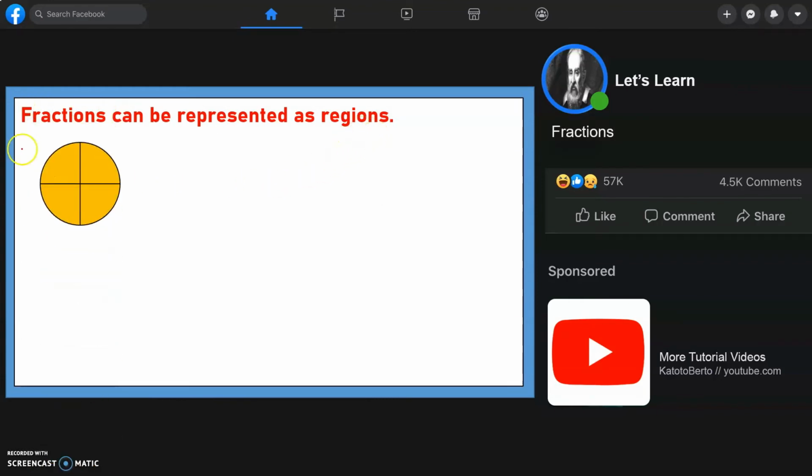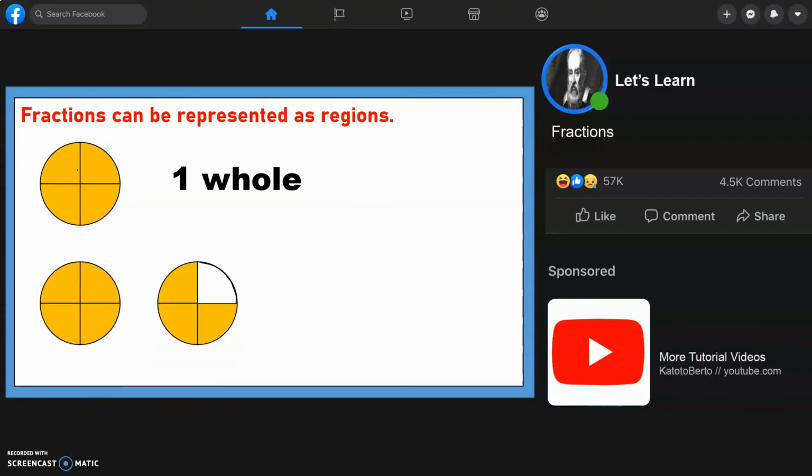So as you can see, we have 4 parts here. And all 4 parts are shaded. So automatically, this is 4/4 or already 1 whole because all parts are shaded. How about this one? What can you say about our next figure?